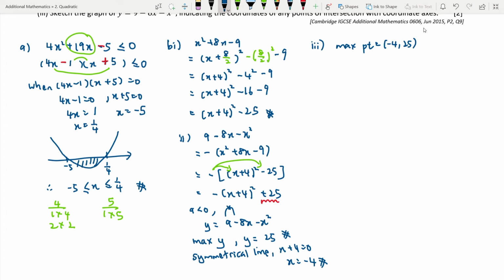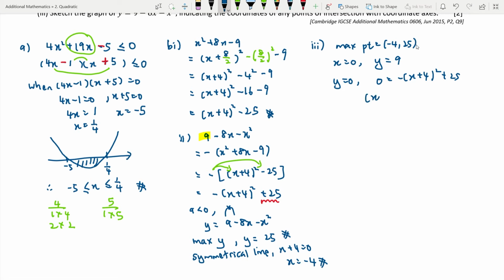To obtain the y-intercept, x is equal to 0, y is equal to 9. This value can be obtained directly from the given expression. Then we need to find the x-intercepts. y is equal to 0. 0 is equal to negative, x plus 4 squared, plus 25. We bring negative, x plus 4 squared to the other side.